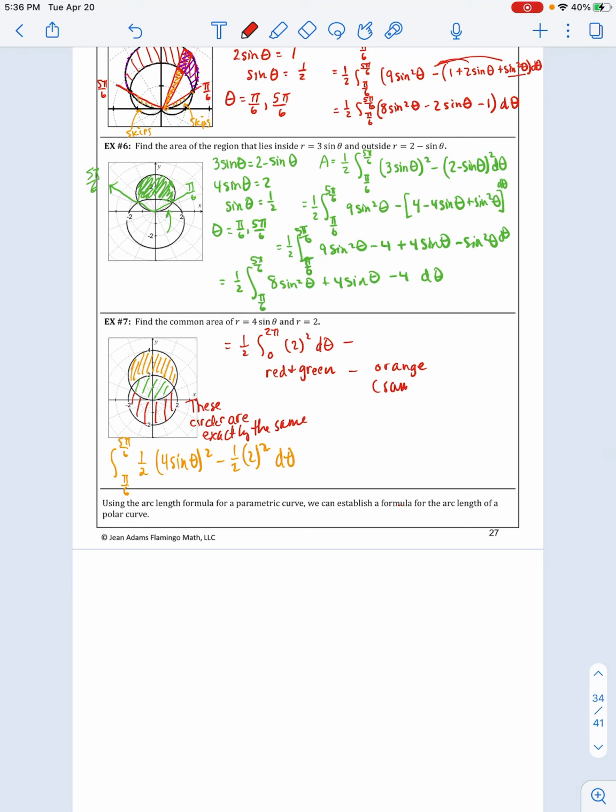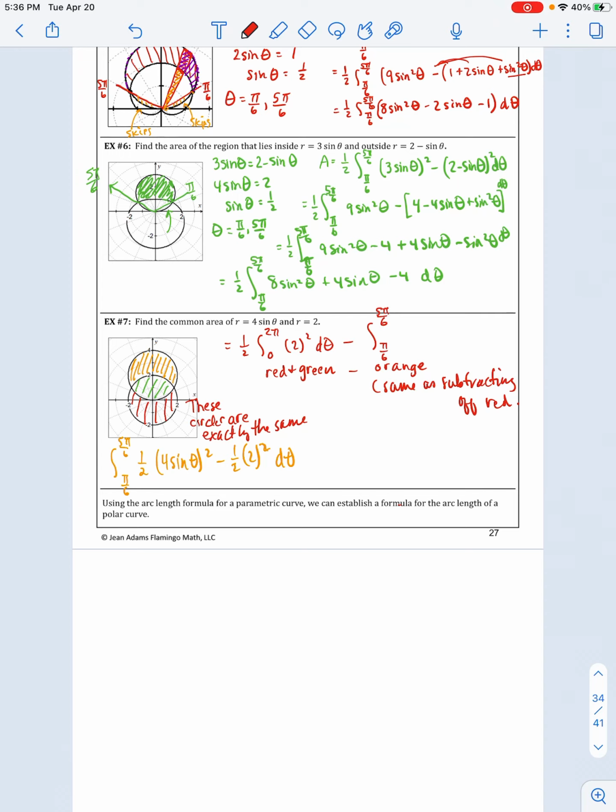But if I subtract off the orange, it's the same as subtracting off the red.